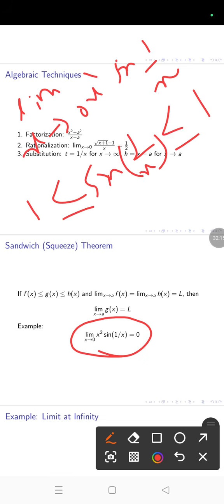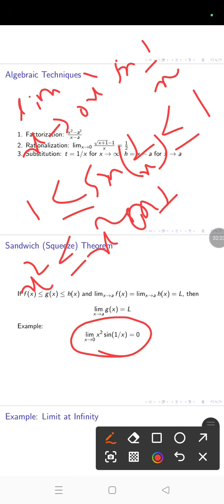You know that. So now multiply x square throughout the inequality. If you multiply by x square, then take x tends to 0 and take its limit.